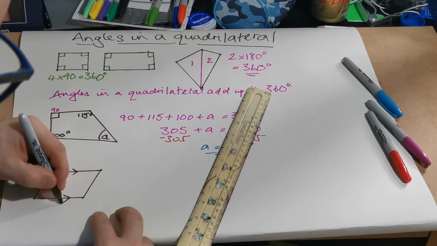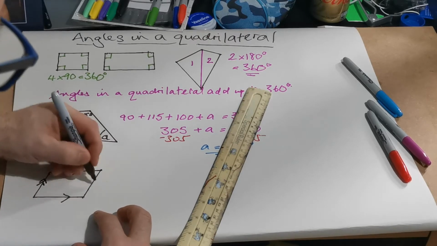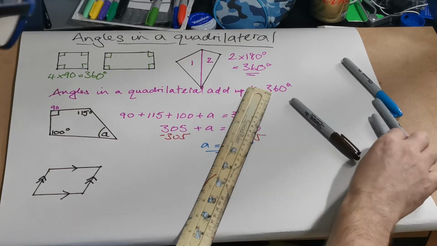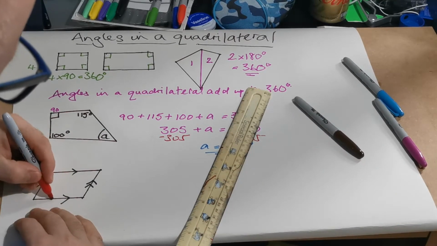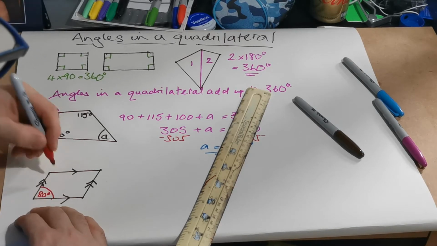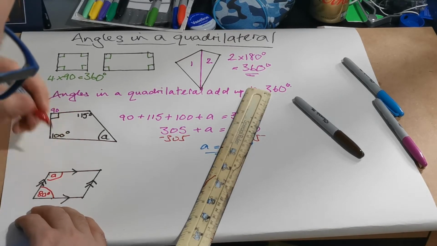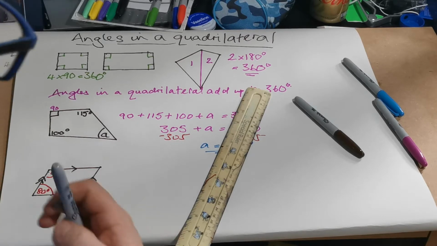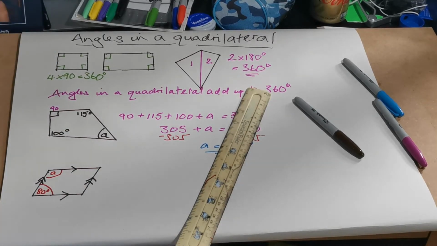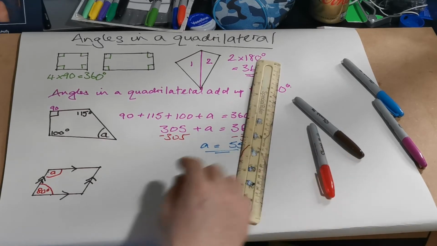Those ones are parallel and those ones are different, but they are parallel to each other. That's why I'm giving them two arrows. And I might get given this angle here as being 80 degrees and asked to find angle A. Now you might think, oh, I haven't got enough information there to tell me what these angles would be.